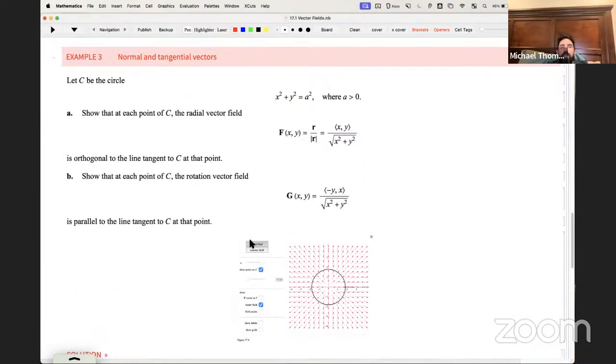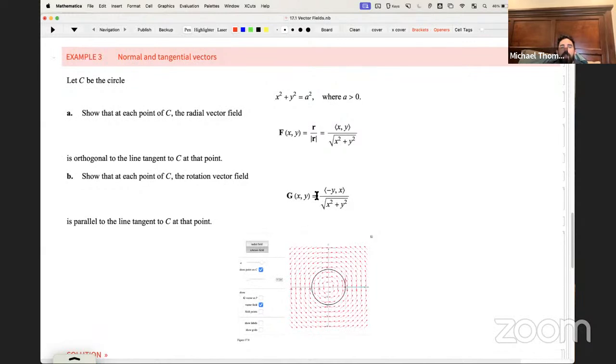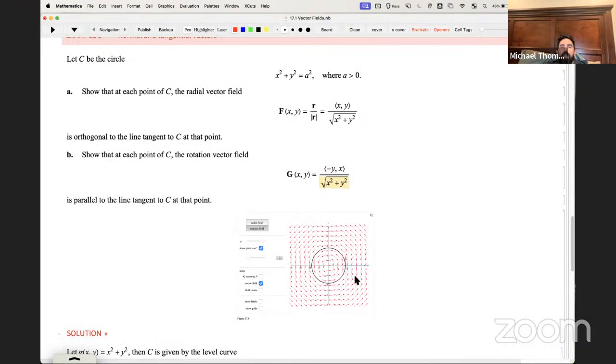For the next one, now we've got a rotational vector field. There's your rotational vector field we discussed earlier. And then we divide by its length, essentially that makes all the vectors have length 1. So this is what the vector field looks like.